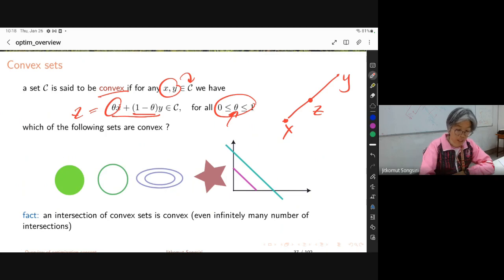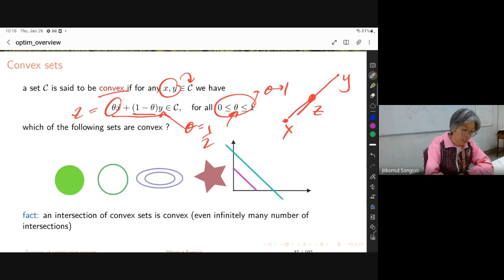Okay, for example, if z is a midpoint between x and y, that corresponds to this combination using theta equals 1/2, right? If theta is closer to 1, your point z is moving toward x and vice versa.